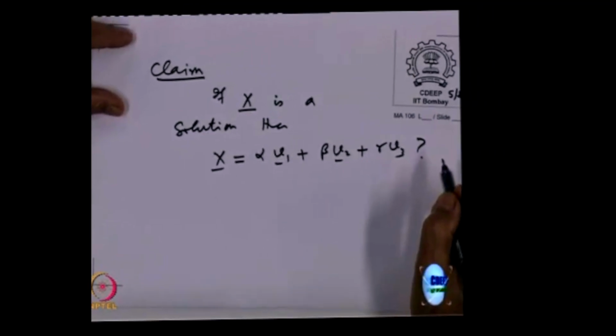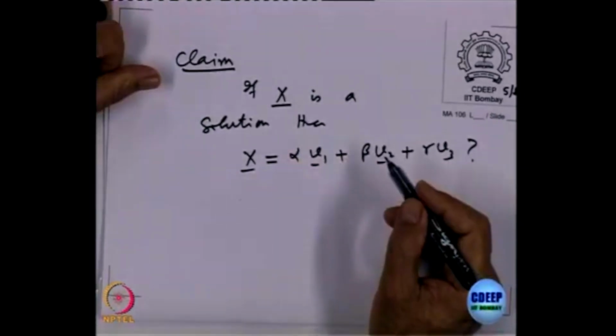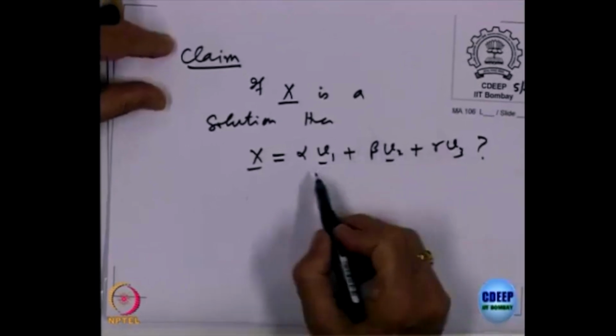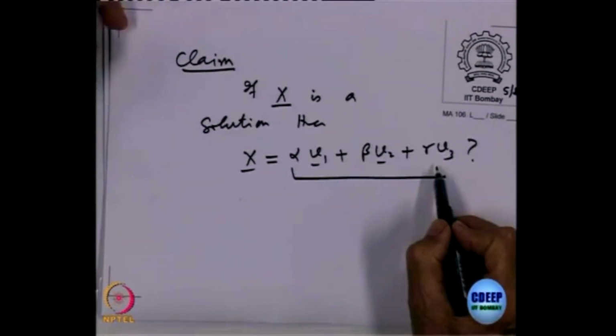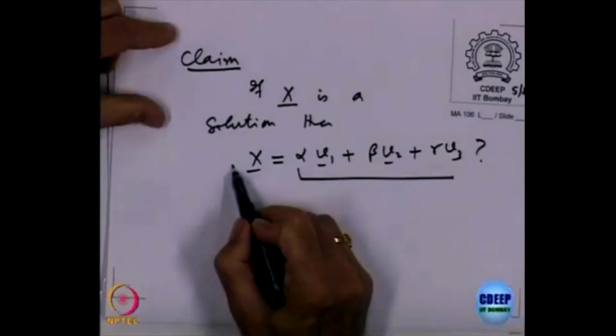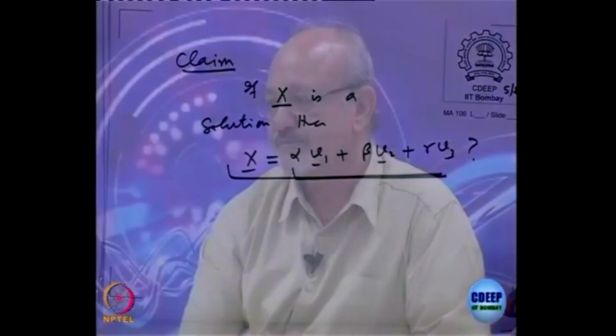That is what I have to check, whatever this vector x is, if it is a solution. That means these alpha, beta and gamma are unknowns, so I want to show that this system is consistent. Is it okay? You know how to show a system is consistent or not, again by going to row echelon form, right?